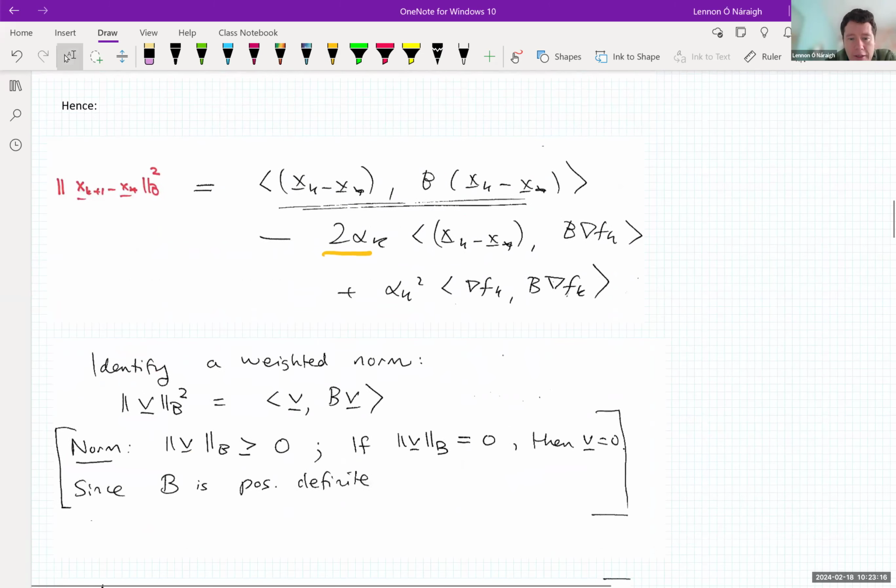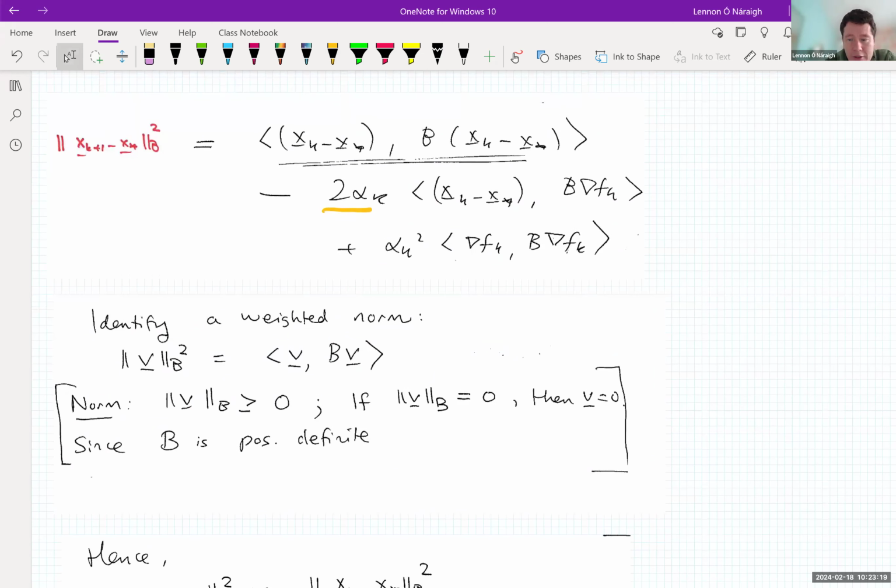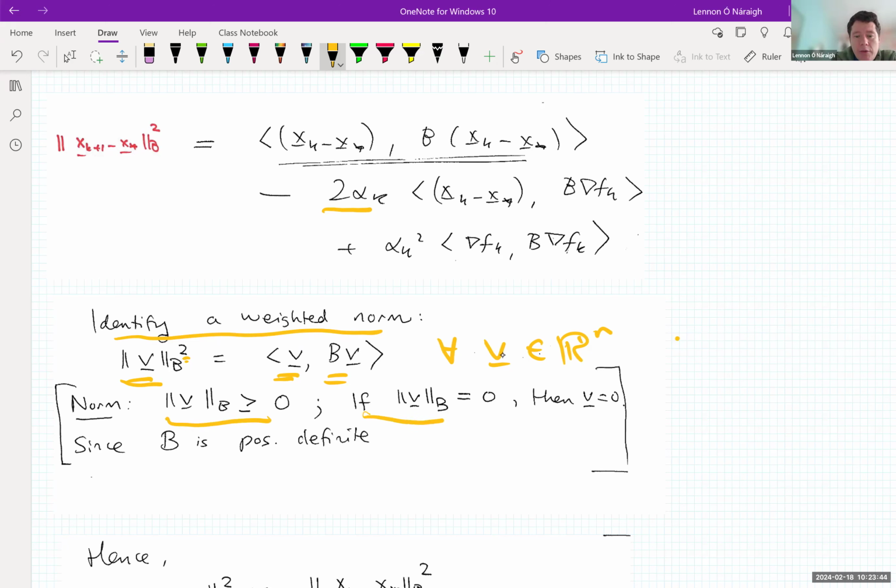Yeah, so I now return to what I mentioned a few minutes ago, that I identify this weighted norm. So the B norm of v squared is the scalar product of v with B times v. And this is for all v in R^n. And this is a norm because it's greater than or equal to 0. And the only way for this norm to be 0 is if v itself is 0.